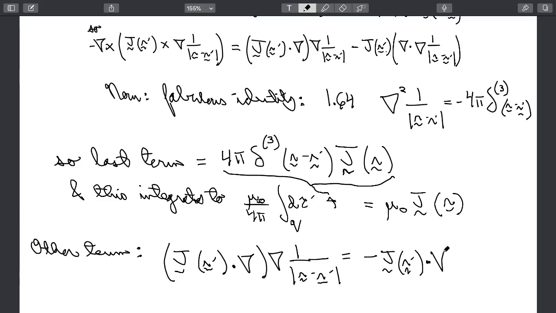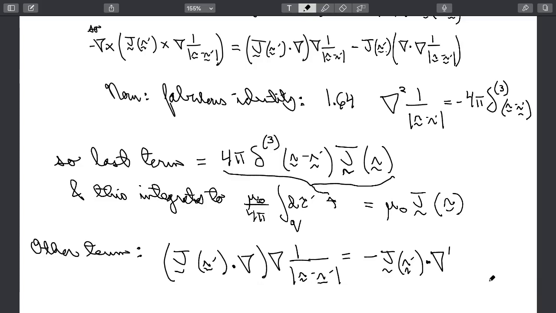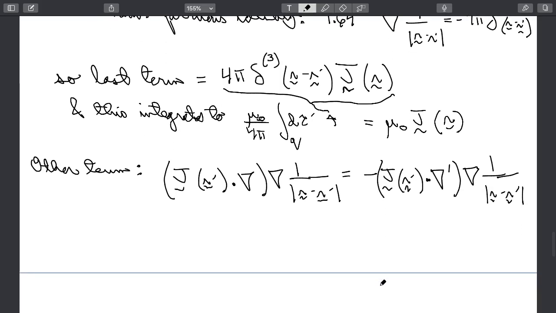dotted into the operator nabla with the primed coordinates times the gradient of 1 over r minus r prime. Okay, just like basic differential identity that I have. All right, so what do I get in the integral?